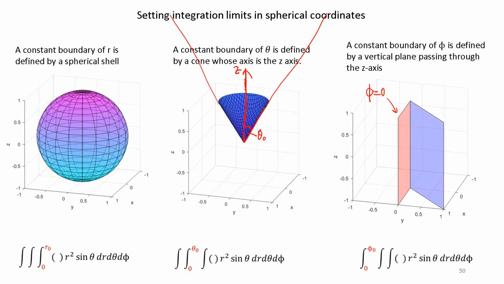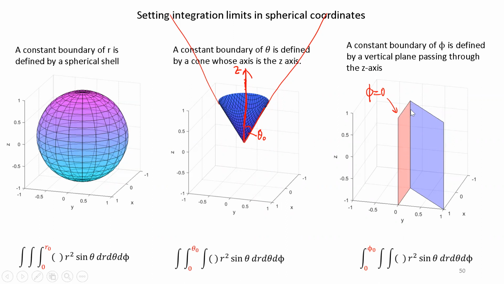Again, notice that this plane extends up and down to infinity. You can go to the positive x direction and then go to the negative x direction for an infinite distance.